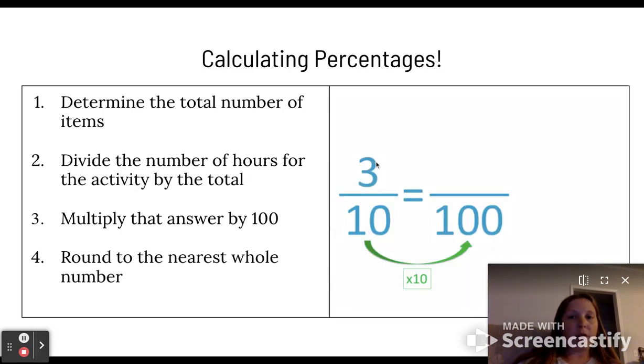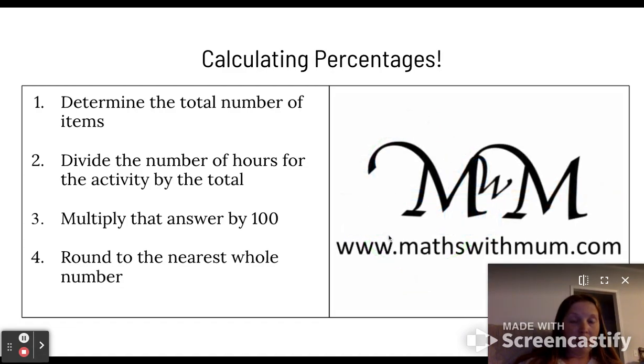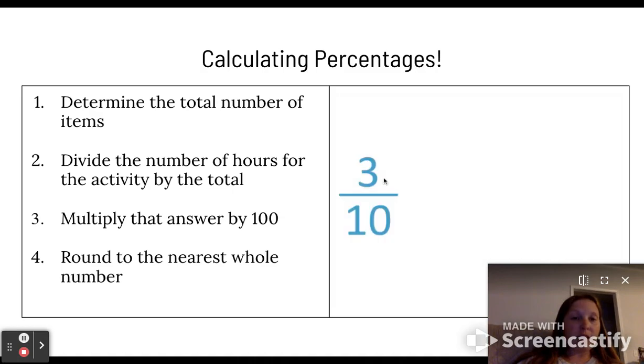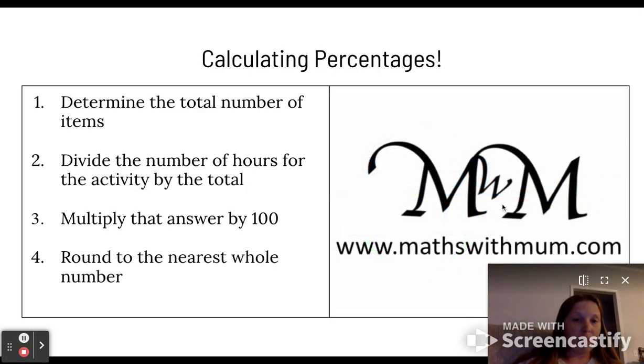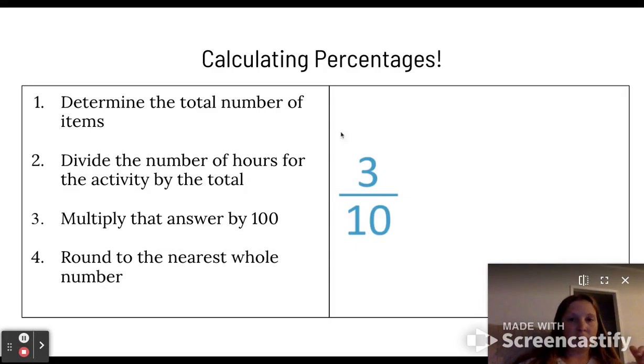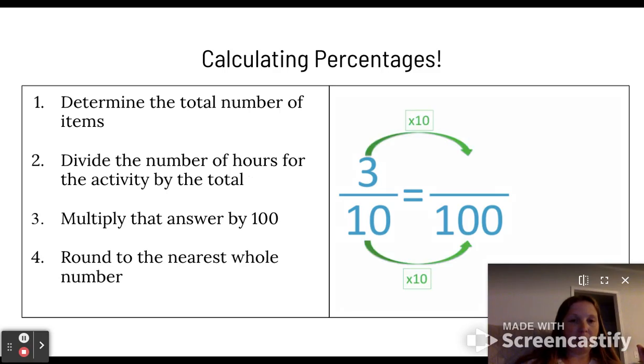So if we have, let's say our total was 10, one section was 3, you're going to get 0.3, multiply it by 100, get your value there.